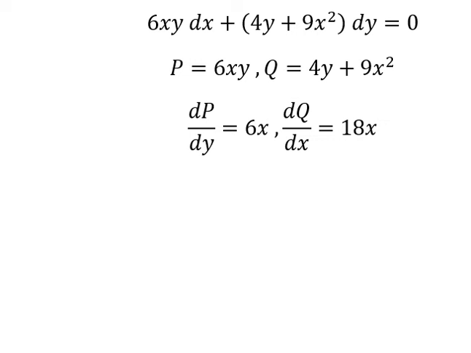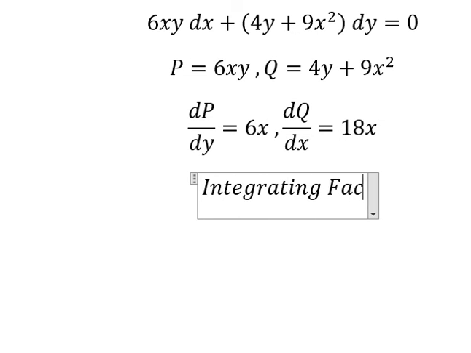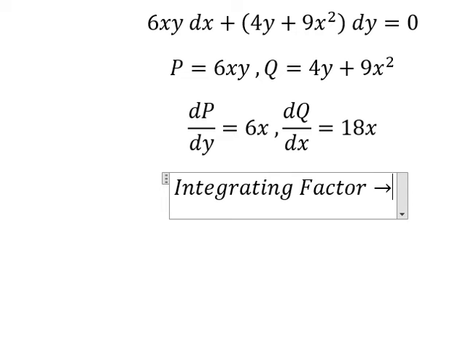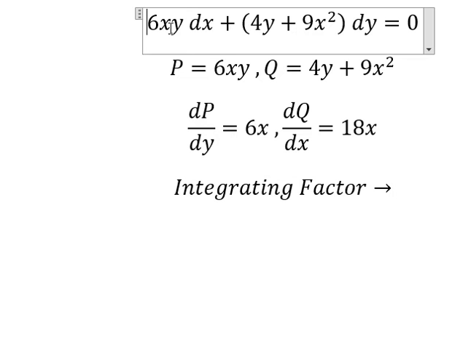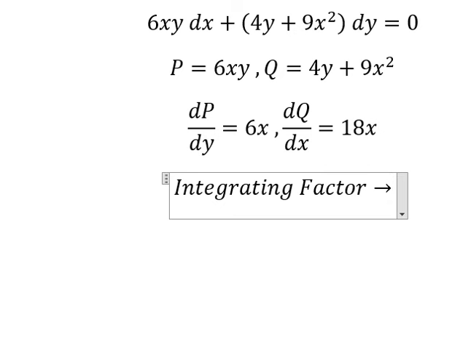So we can use an integrating factor. We see that in this one we have 6sy, this one we have 6s, 18s. So that means this is about dy, so we need to use mu y.